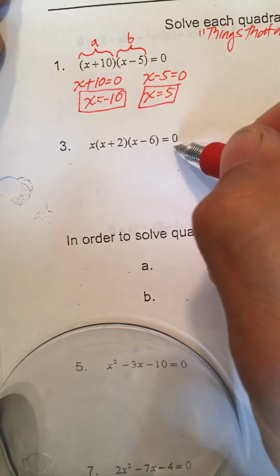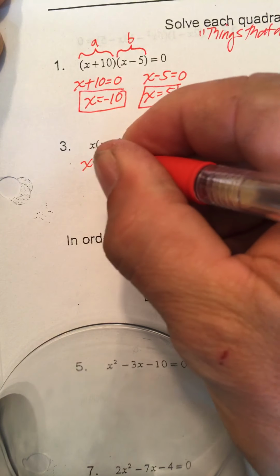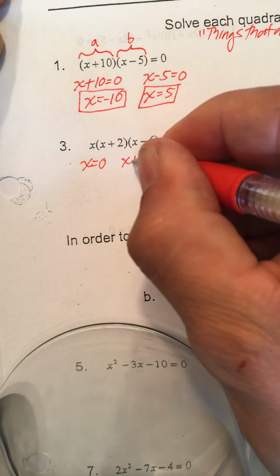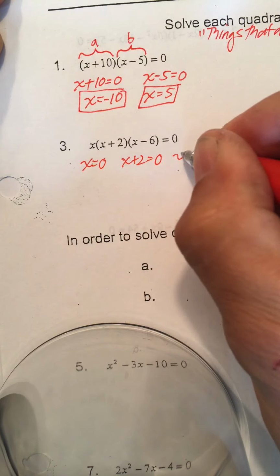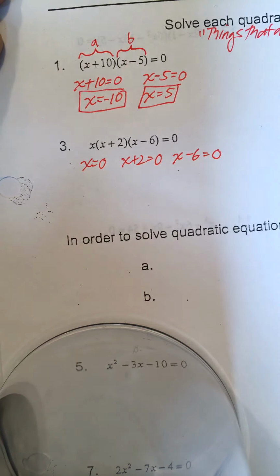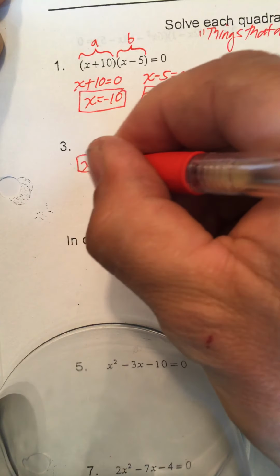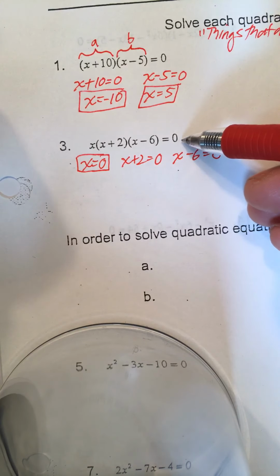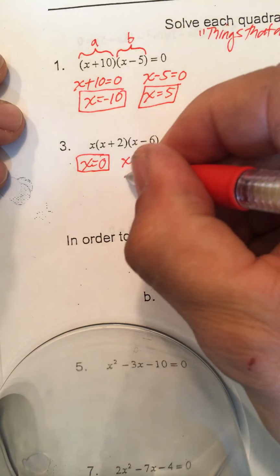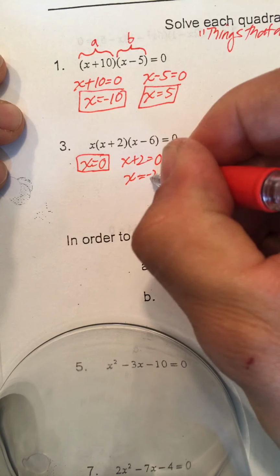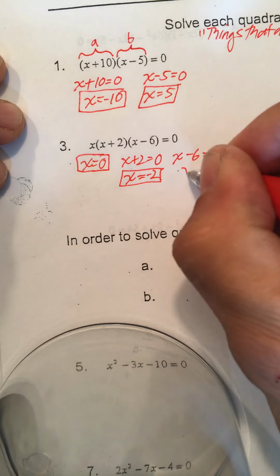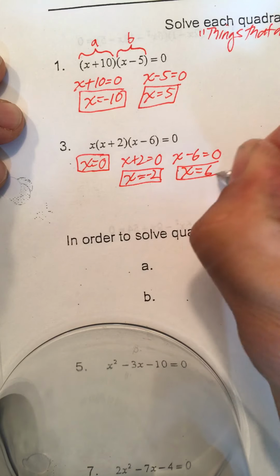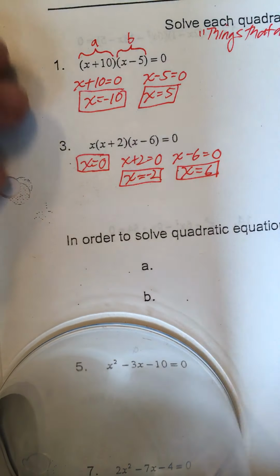So if this is true, x could be 0, x plus 2 could be 0, or x minus 6 could be 0. In this case, the first is already solved. If x is 0, 0 times anything would be 0, so that's a solution. We subtract 2 from both sides, and we get x equals -2. That's a solution. And we get x equals 6. That's a solution as well.